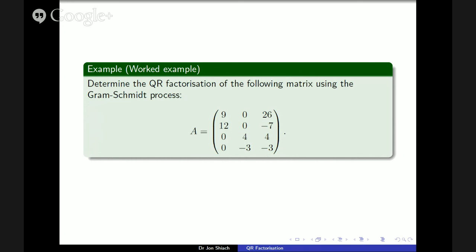R12 was 0, R22 was 5, and we have a 0 underneath it, and R13 was 10, R23 was 5, and R33 was 25. Okay, so we now found Q and R.